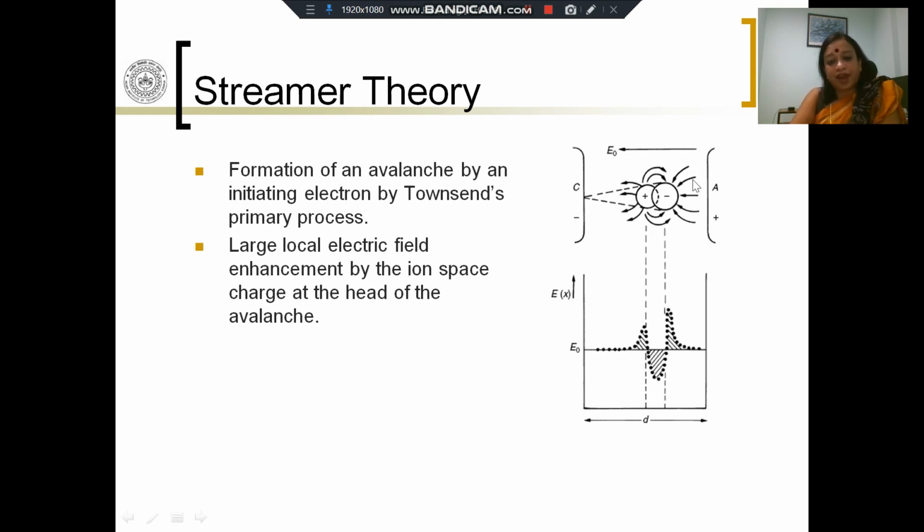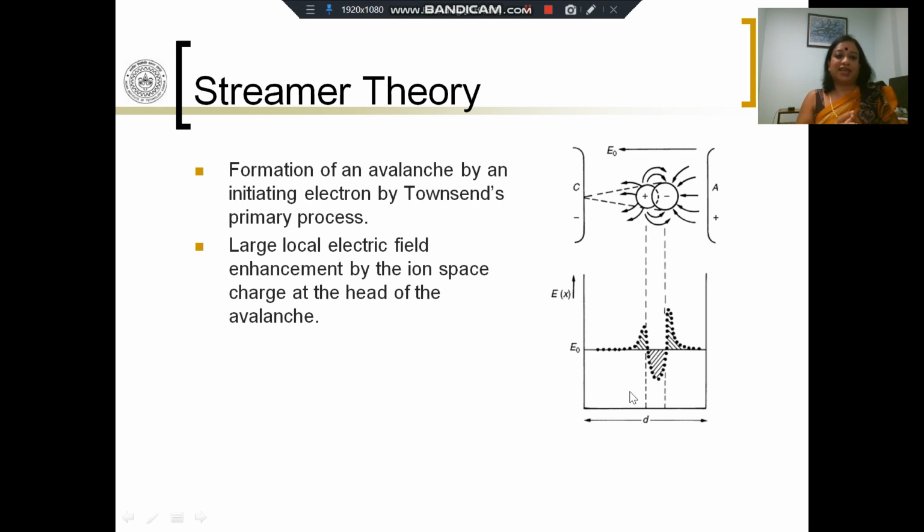So in front of this space charge, the effect of the space charge is to enhance the electric field towards the anode, somewhat enhance the electric field, but not that much, behind the space charge cloud towards the cathode, but reduce the applied electric field inside the space charge region.